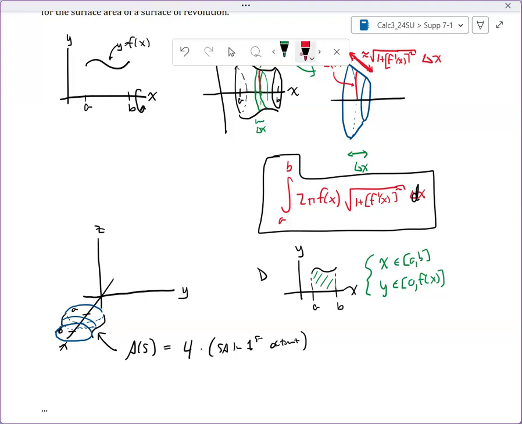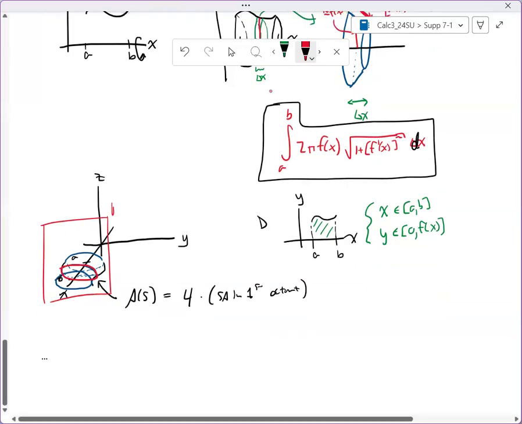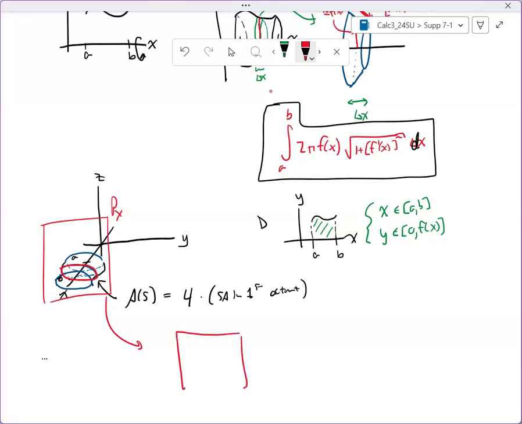So I'm going to consider a plane perpendicular to the x-axis that is cutting through this surface. I'll call this px. And I see that when I cut through the surface, because this is a surface of revolution, that slice is a circle.